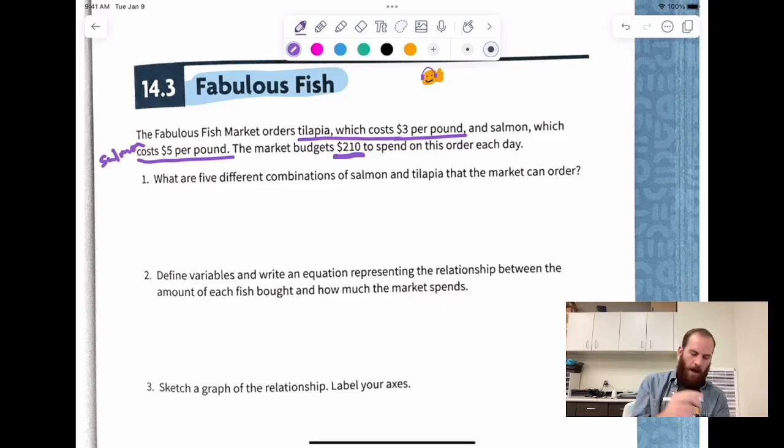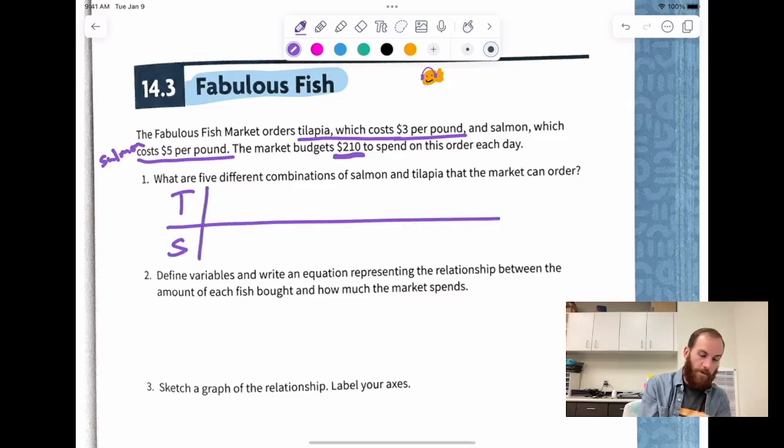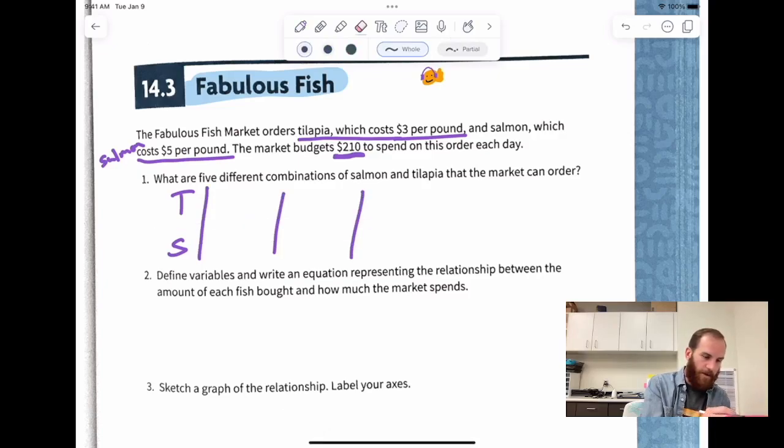All right. So what are 5 different combinations of tilapia and salmon that the market can order? Well, let's figure that out. Okay, let's do one. So tilapia is $3 per pound. The other one's $5 per pound. For example, we only need 3 combinations, so I don't need a line that big.